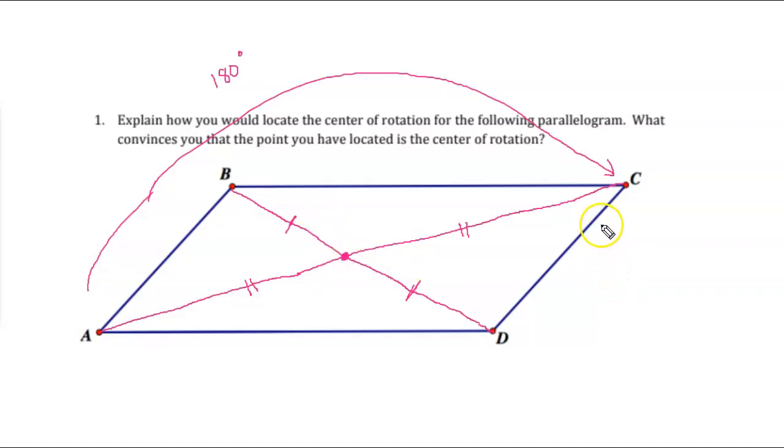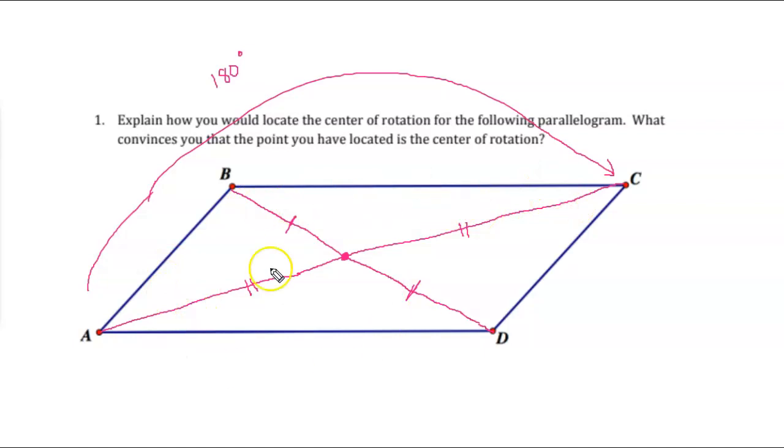We know because it is a parallelogram, it's got it in the name, the opposite sides are parallel. So we also know a lot of things about the angles. These two angles would be same side interior angles, which means that they have to be supplementary. They have to add up to equal 180 degrees. And these two angles have to add up and equal 180 degrees.